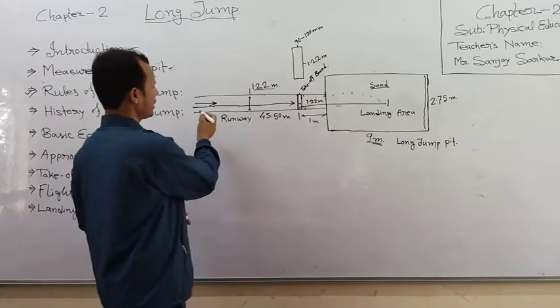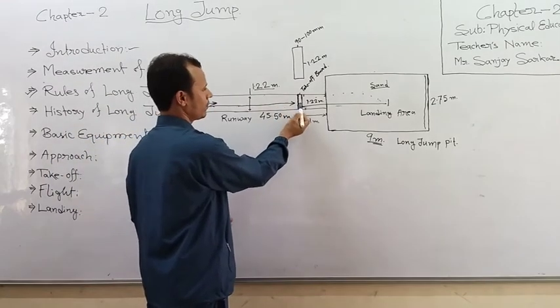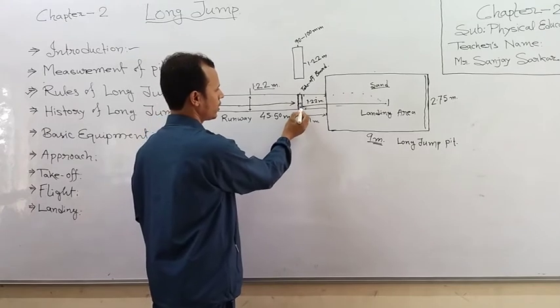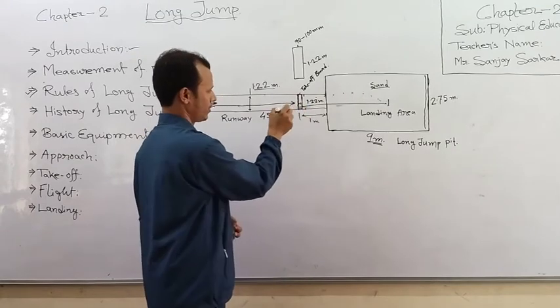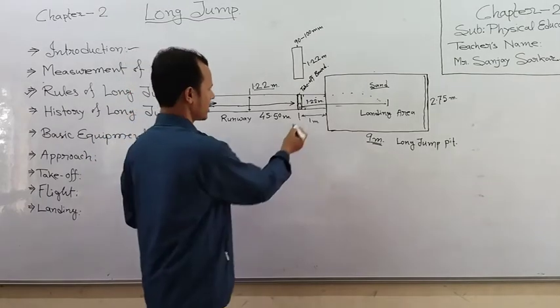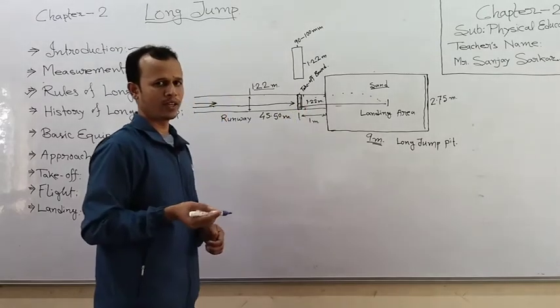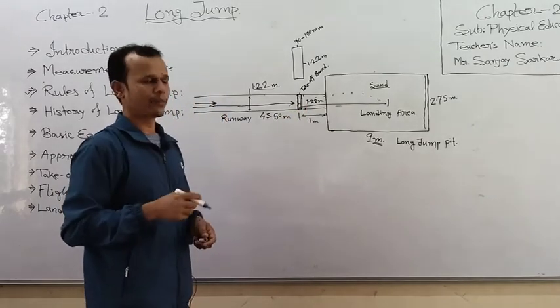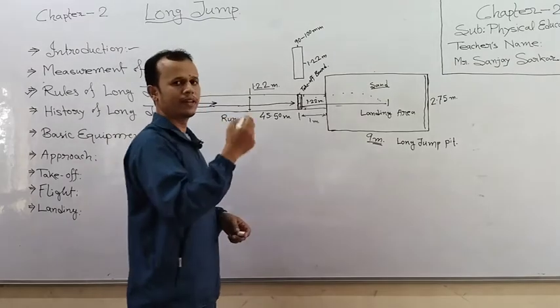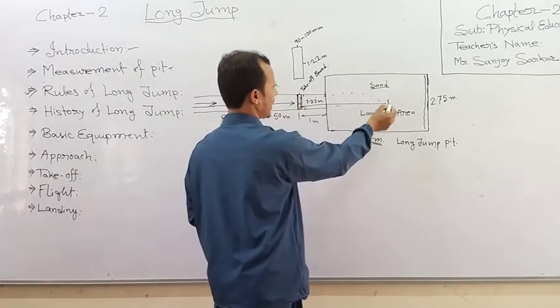At first the athlete has to run in this way, and after that he will take off from this takeoff board. If his or her leg cuts the takeoff board, then he or she will be disqualified. And an athlete has to cover the maximum distance from the takeoff board to the landing area.